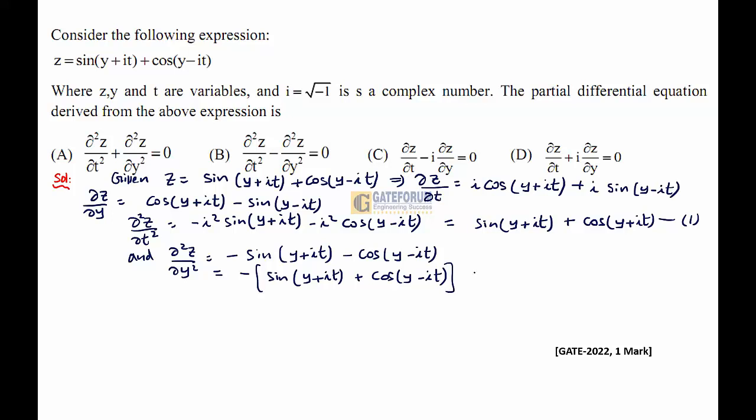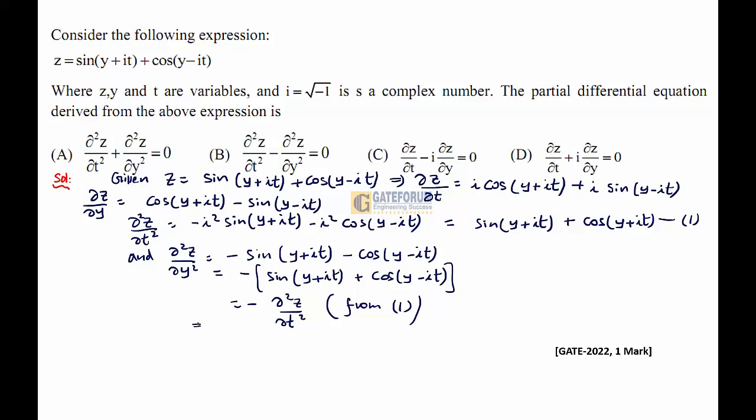So this is nothing but minus ∂²z/∂t², from equation 1. This is ∂²z/∂t².